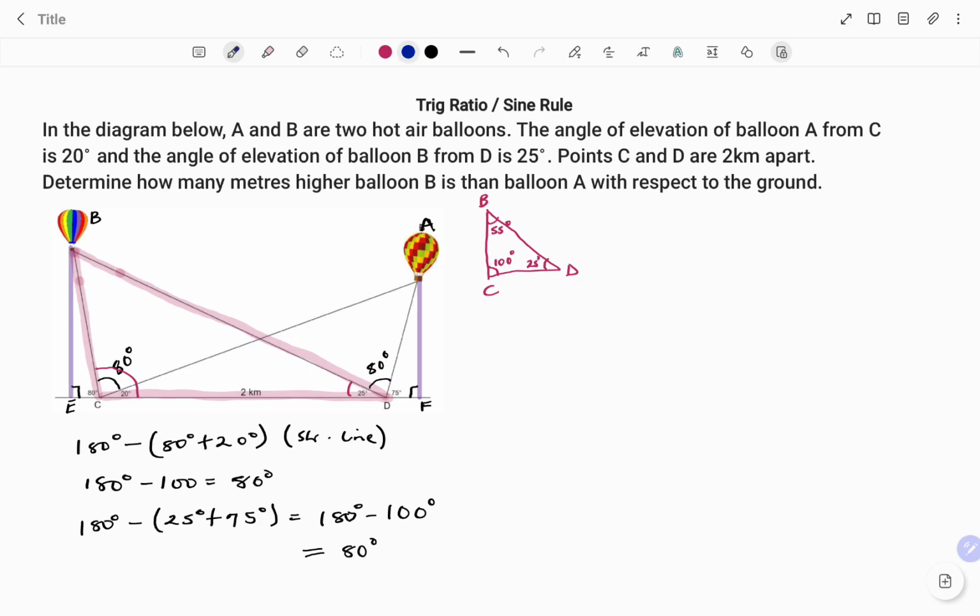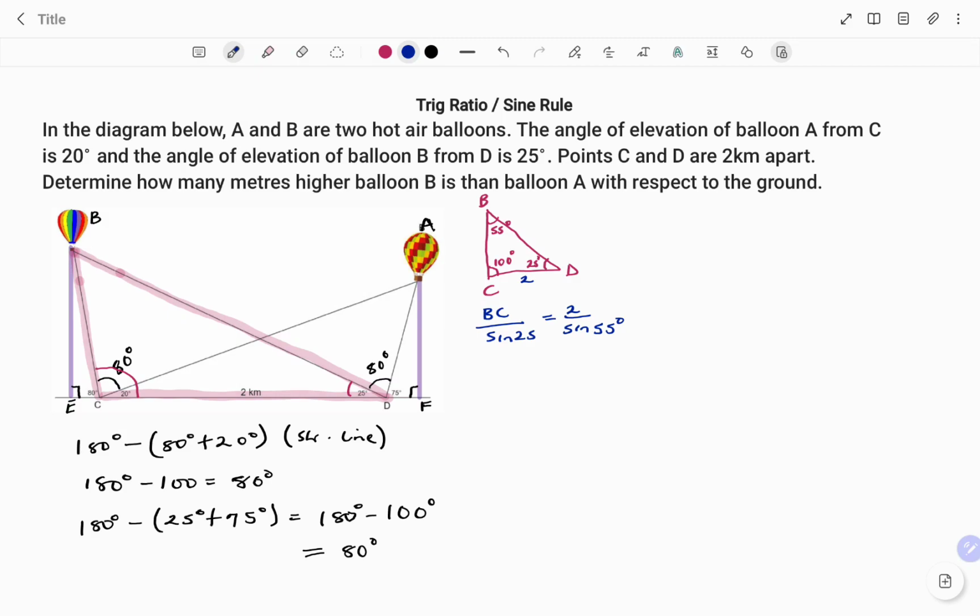Therefore, applying the sine rule, I have the distance BC over the sine of the angle facing BC, that's 25 degrees, is equal to CD, which has been given to us as 2 kilometers, over the sine of the angle facing CD, 55 degrees.